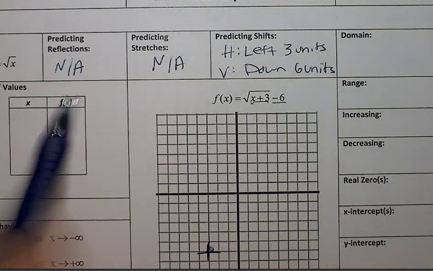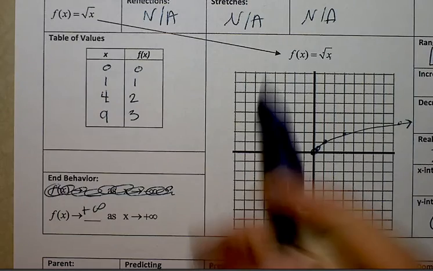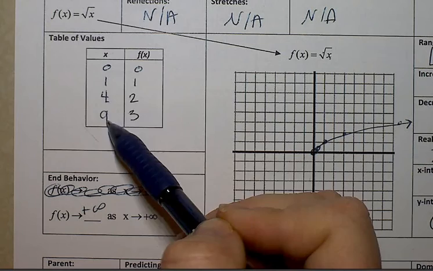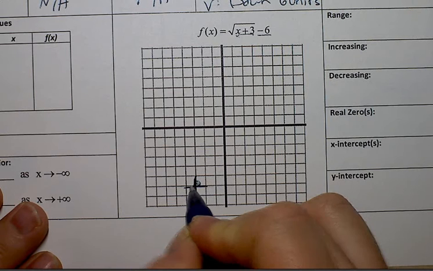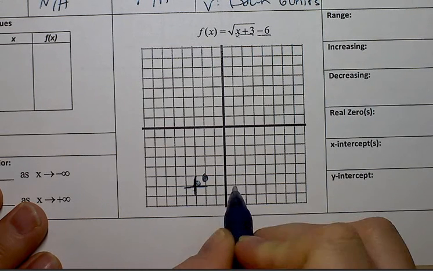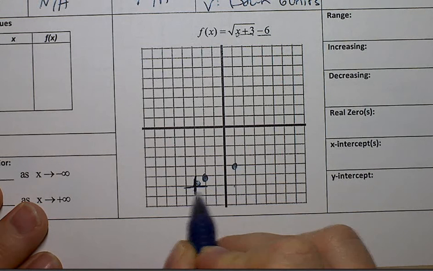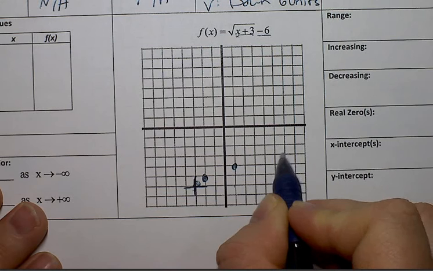And since there's not a reflection or a stretch, I get to come right back up to these original numbers and think of this as a pattern with square roots: (0, 0), (1, 1), (4, 2), (9, 3).